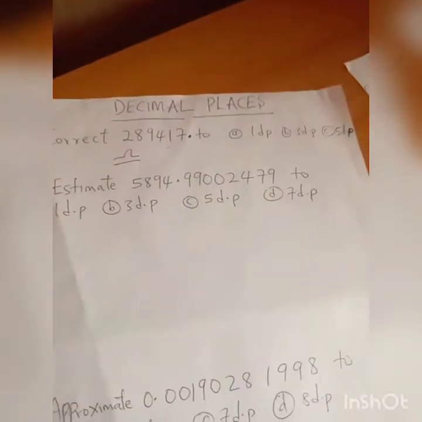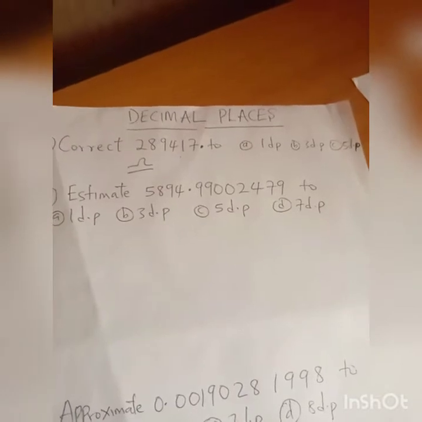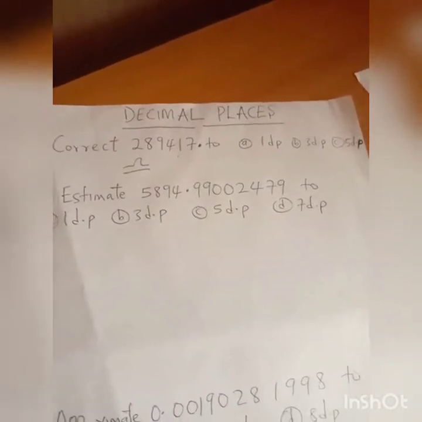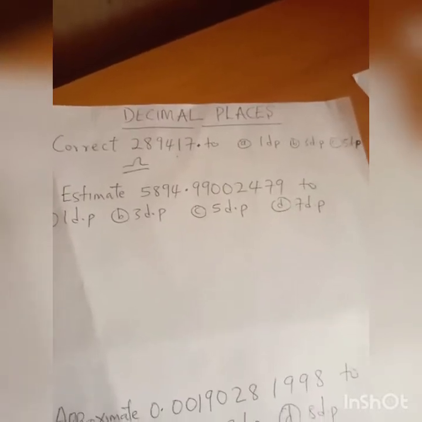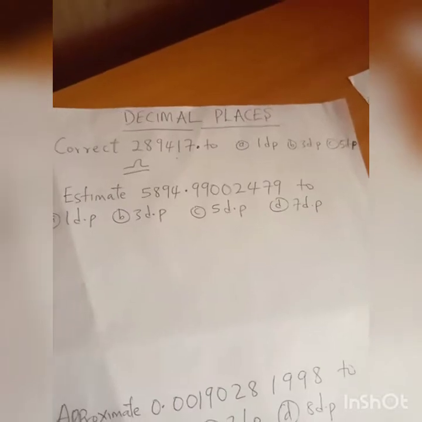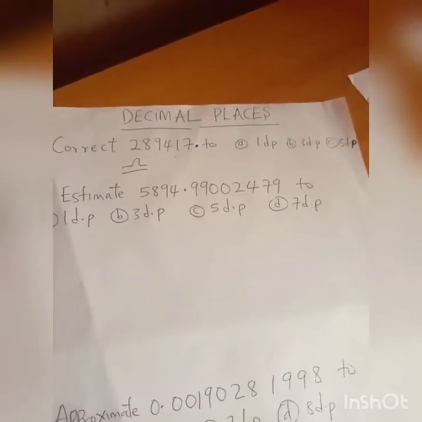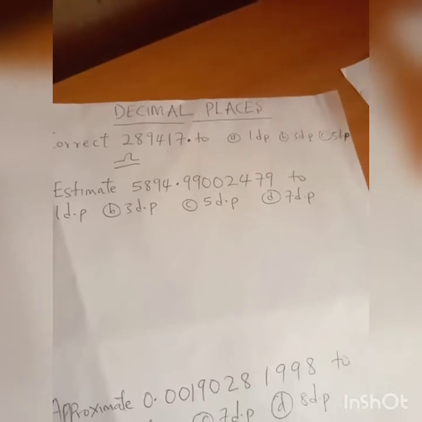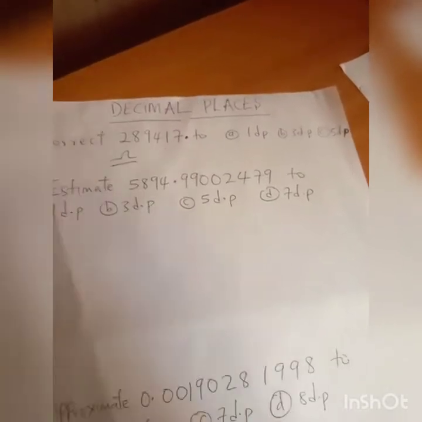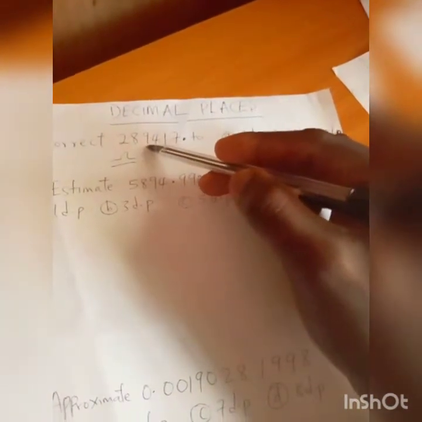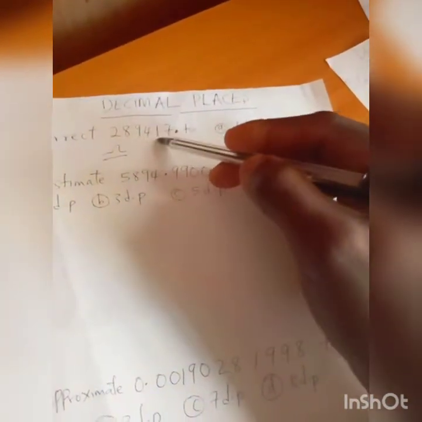But for you to approximate, it must have a visible decimal point in between any of the numbers, either in between 2 and 8, or 8 and 9, or 9 and 4, or 4 and 1, or 1 and 7.